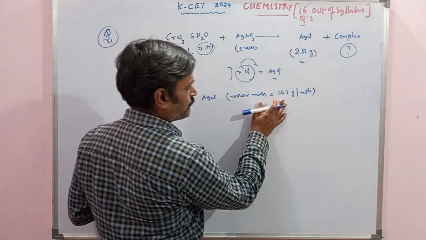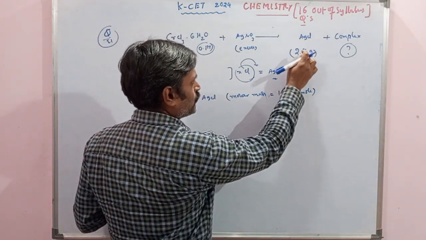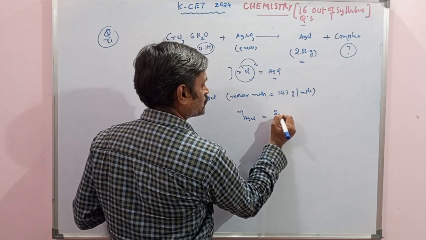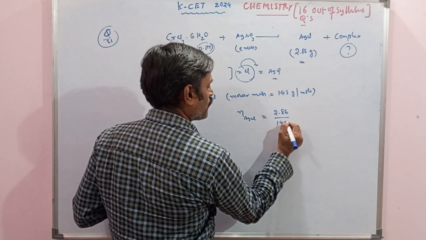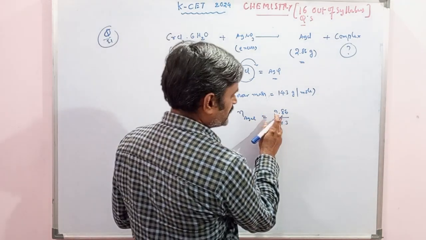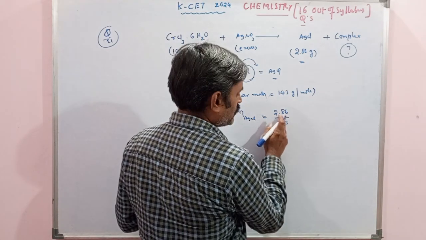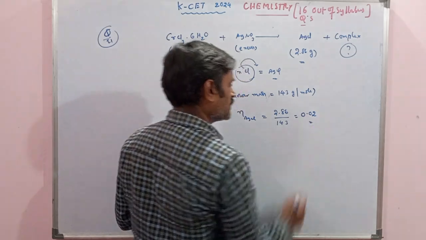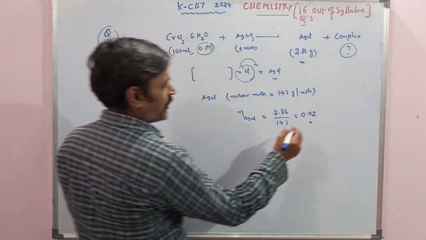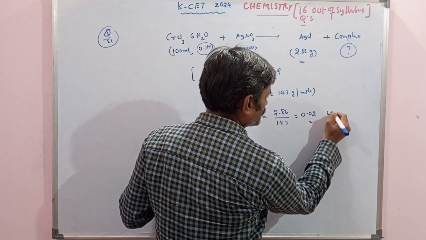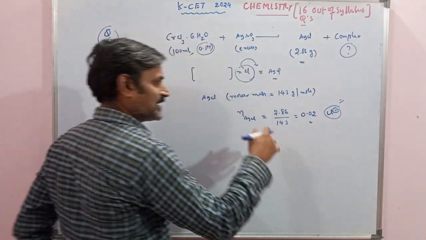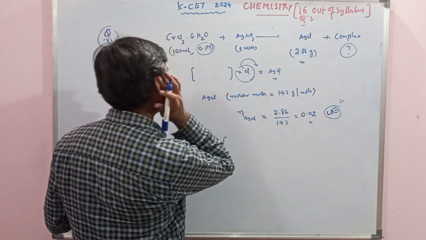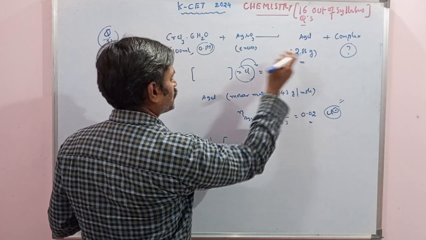If this is 143 grams per mole, then for 2.86 grams the number of moles of AgCl is 2.86 by 143, which is 0.02 moles. So what it means, 0.02 moles of Cl minus ions are present outside the coordination sphere of this complex.